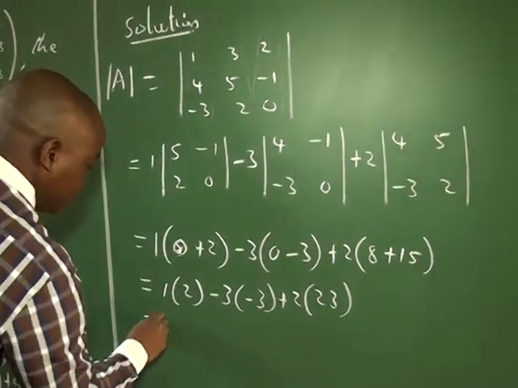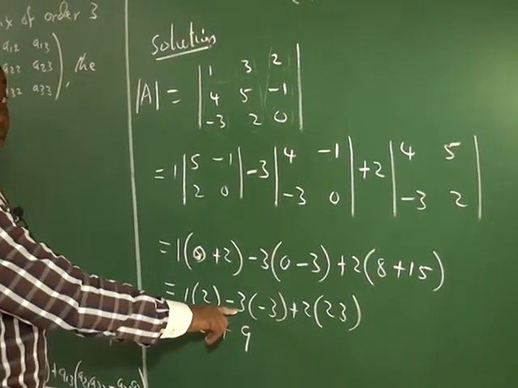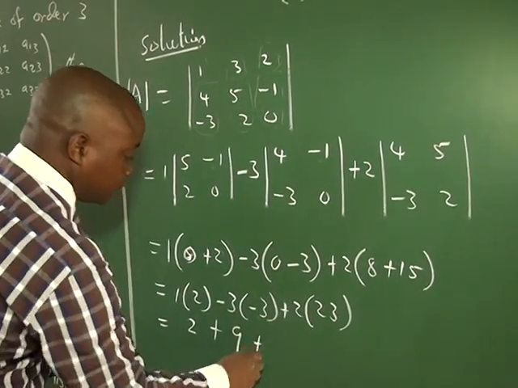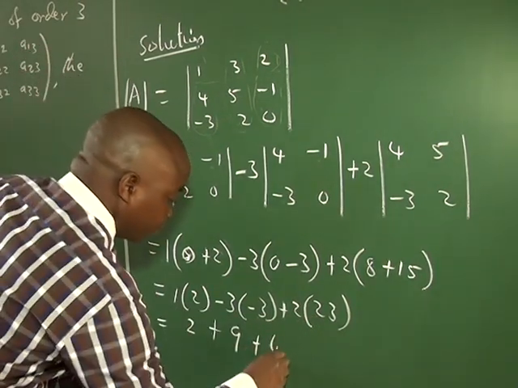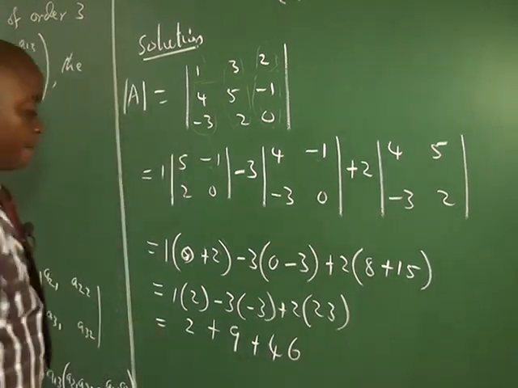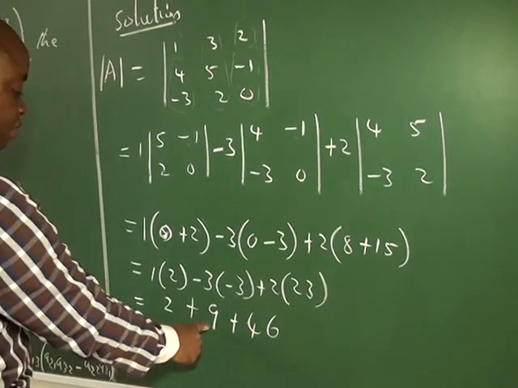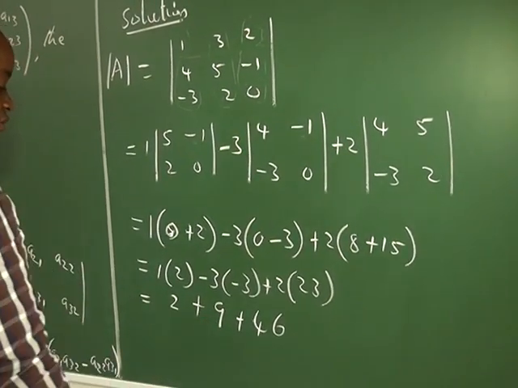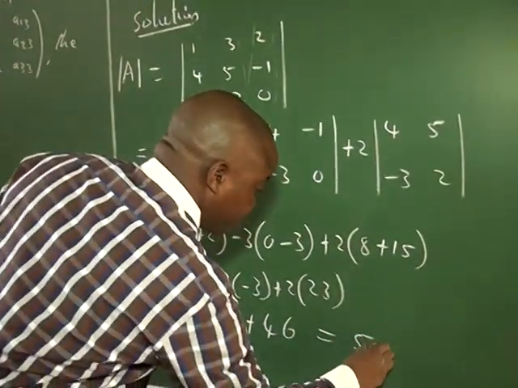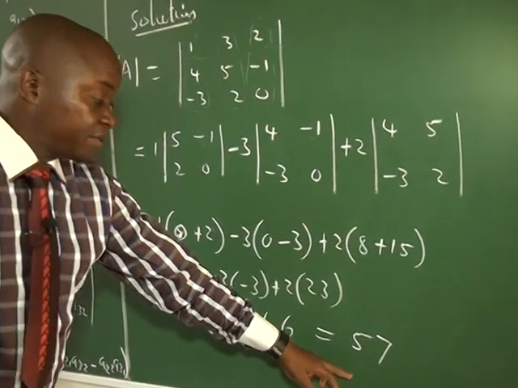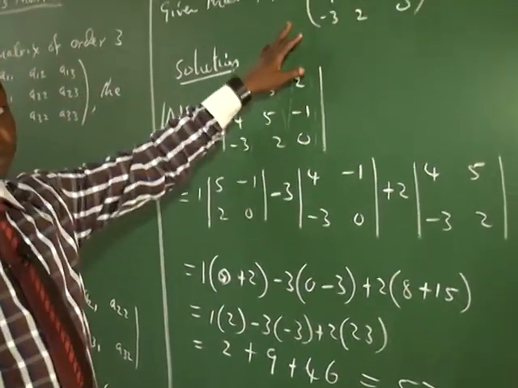So 1 times 2 is 2, plus 9, that is minus 3 times minus 3, plus 23 times 2, which gives us 46. Then if we add 46 plus 9, 55, plus 2, we have 57. Now the 57 here is called the determinant. This is the determinant of this matrix A.